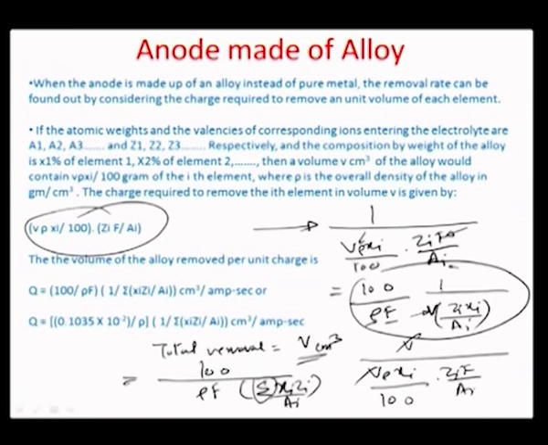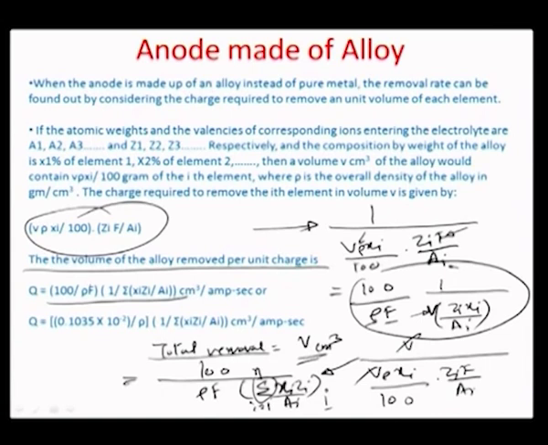Why sigma? Because there are I components and I varies between 1 and n. So, looking at individual components where I can be 1 to n, the total volume of alloy removed per unit charge can be represented as this whole term 100 by rho F times 1 by sigma xi Zi by Ai. There are certain connotations you can use here.